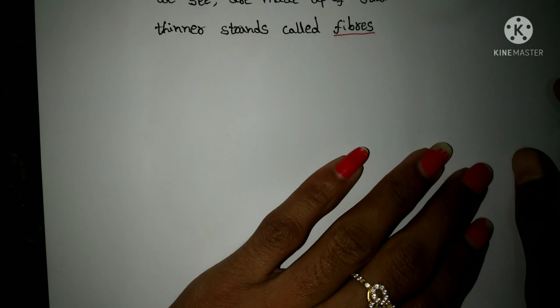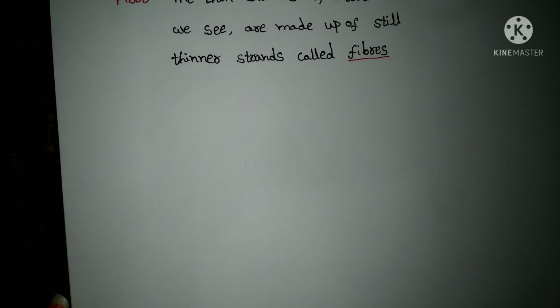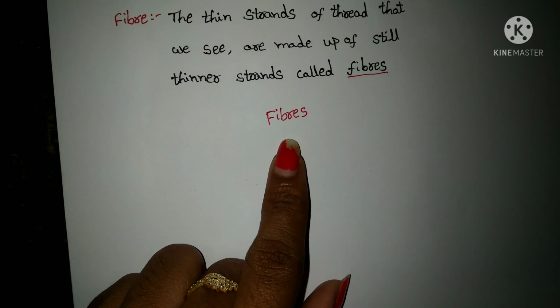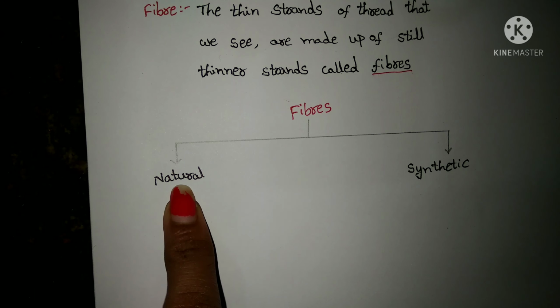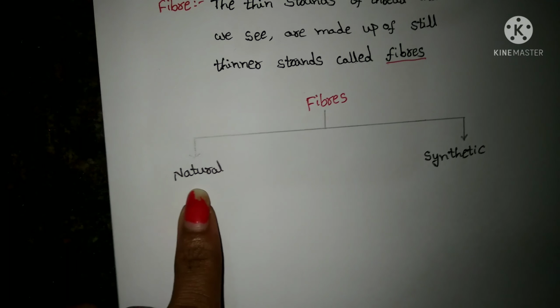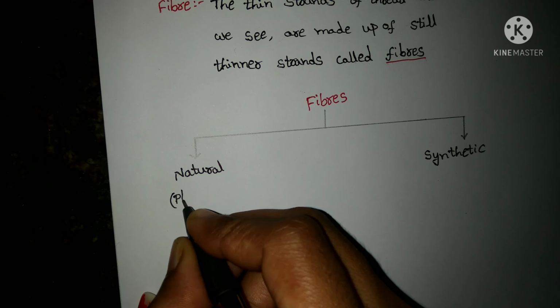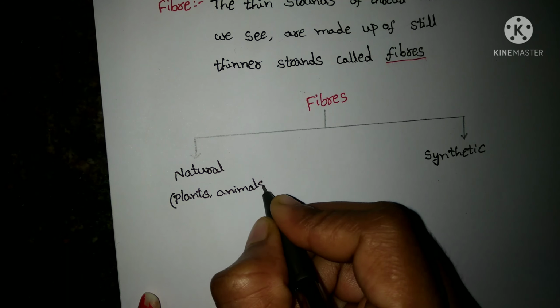Now I am giving the types or classification of the fibers. Fibers can be majorly classified into two types: one is natural fibers, the second one is synthetic fibers. Natural fibers are the fibers which we get from plants or animals.